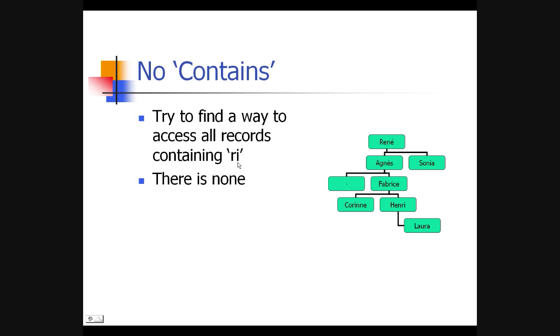So if you allow your user to look for 2 letters in anything, not full words, it means that you will have to create a dictionary, and in that case it will contain RE, then EN, then N, E accented, and then here it will contain A, G, then GN, then N, E accented, then ES, and so on and so forth. And if you accept also that it's searched for all 3 letters, you will have to create a dictionary with the 3 letters word in it.